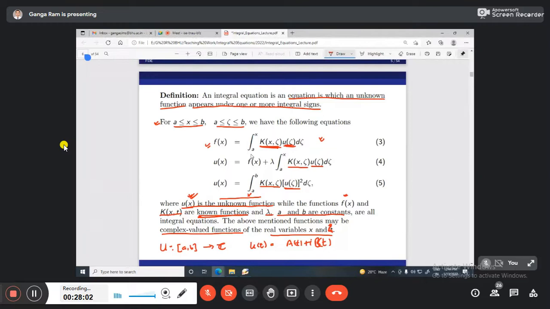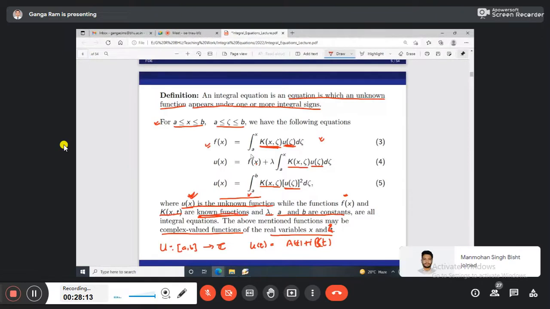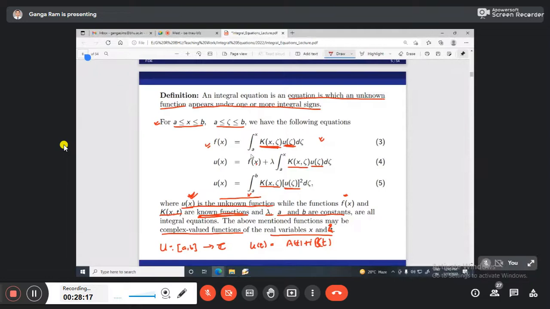So u is an unknown function, we have to calculate u, while k and f(x) are known functions, and lambda, a and b are constants. Also these functions u, f and k are complex valued functions in which x and zeta are the real variables.